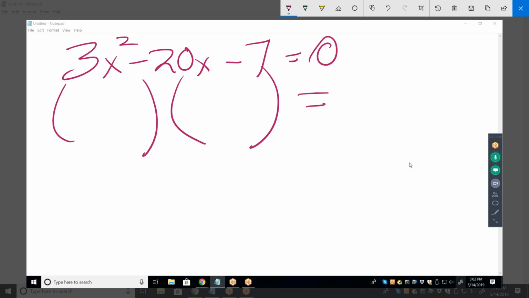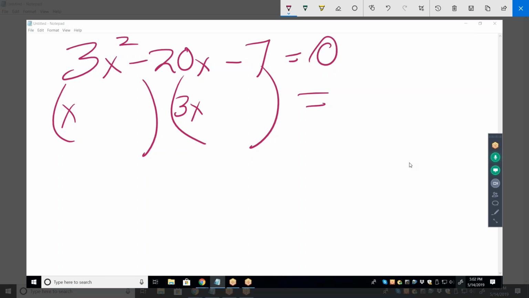First thing you have to do is split up your total number of x squareds. What does that split up into? 3x and x. It's not x and x, because x times x is x squared. We got 3x squared, so 3x and x. That's how you split up 3x squared. What are both signs?